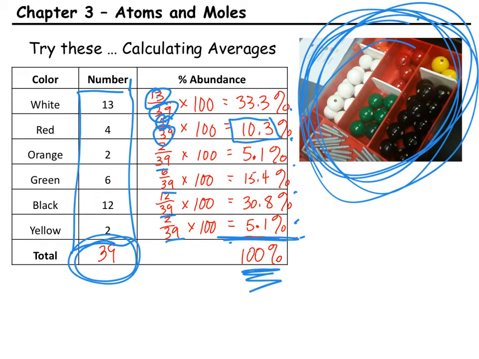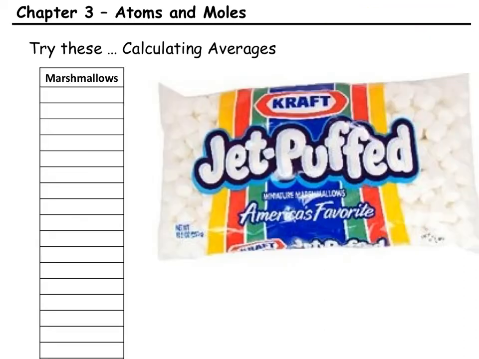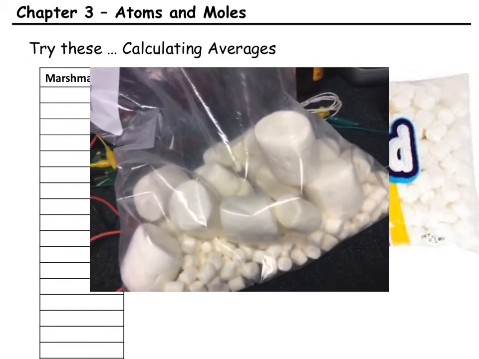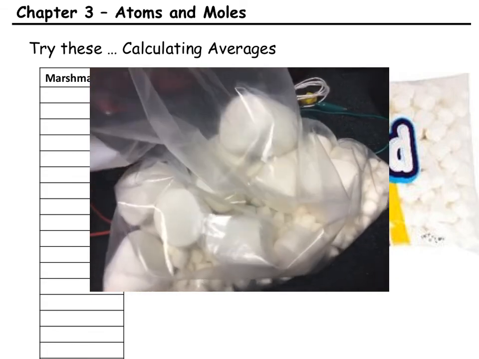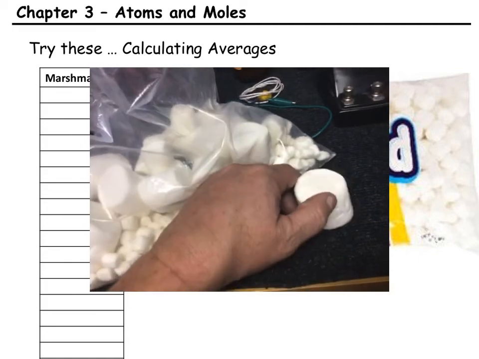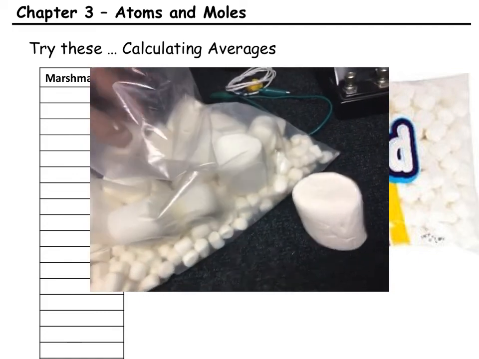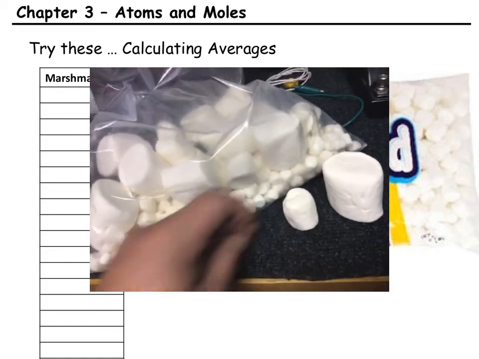Now, we could do that with atoms as well. Let's look at another example. You're all familiar with marshmallows, and marshmallows can come in different sizes. For example, this bag of marshmallows here has 3 different kinds of sizes. We have the very large marshmallow. We have the regular average size marshmallow, good for roasting.